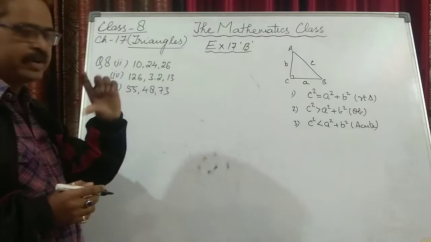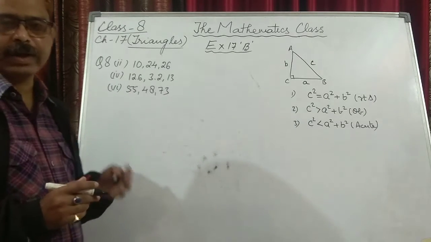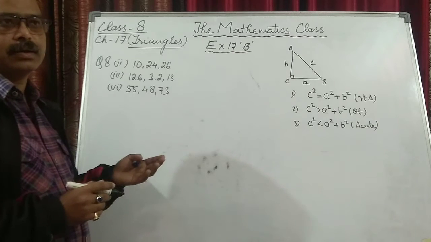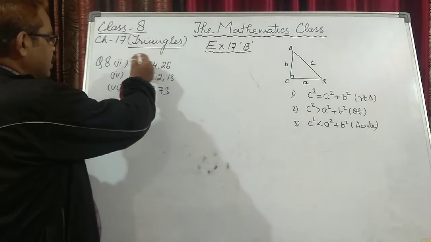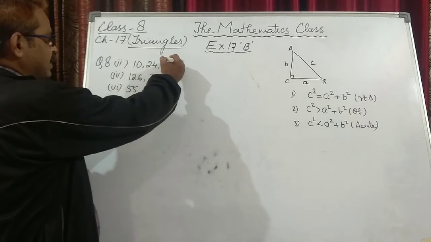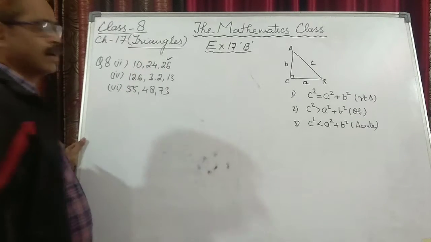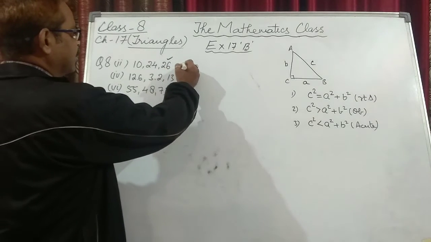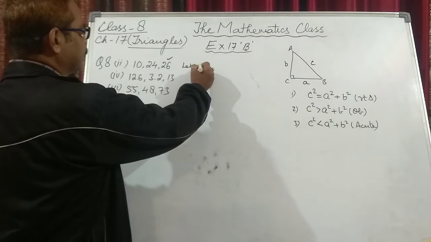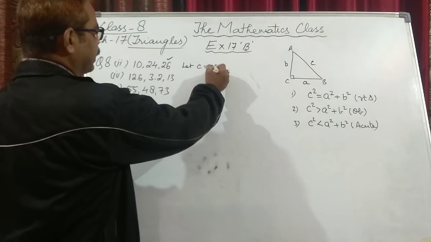So how do we determine C? We know that in a right angle triangle, the greatest side is the hypotenuse. So we'll find out which is the greatest side. In the first one we can see 26 is the greatest side. So in this first part, let C be equal to 26.